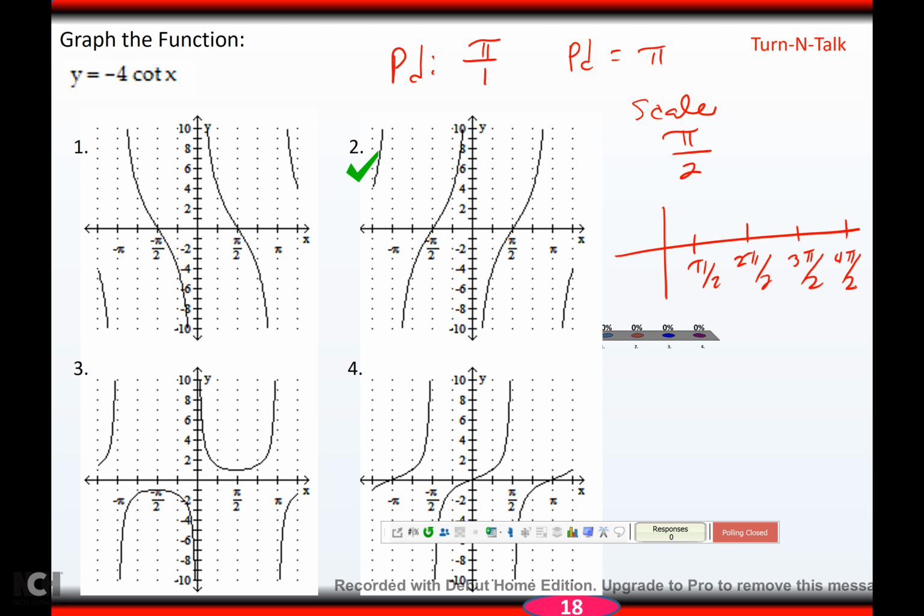Okay, let's see, and we're doing cotangent, so for cotangent, we have our zeros at the zeros of cosine, which would be here, and here, and the next one over, and so on and so forth. Okay, so then the other lines are my asymptotes.